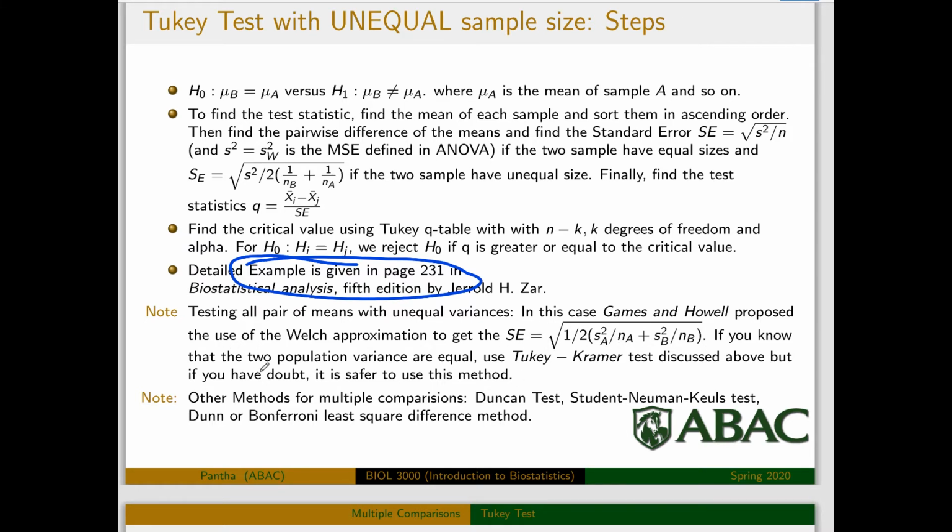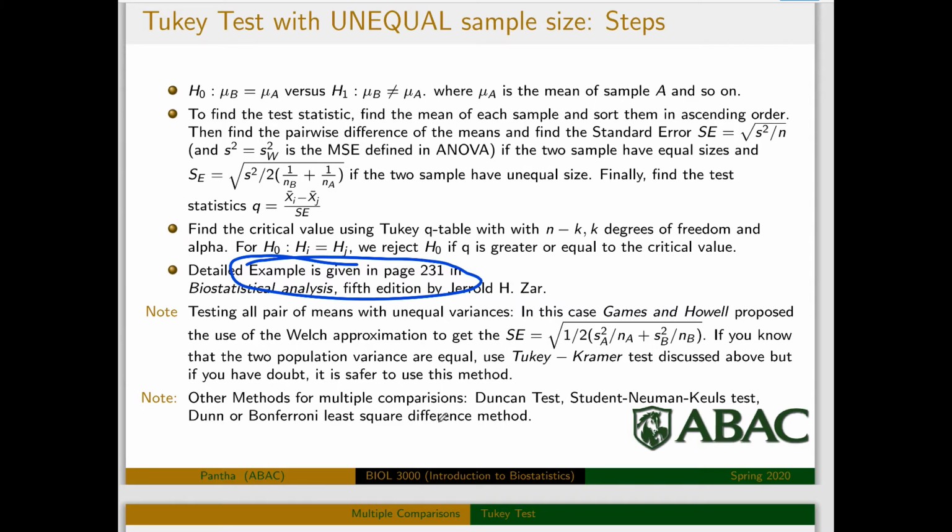If you know that the two population variances are equal, use the Tukey-Kramer test. So there are so many tests, right? But the Tukey test is the main one you need to know to compare the pairs if there is more than one pair there, right? So pairwise comparison, or we call it multiple comparison.